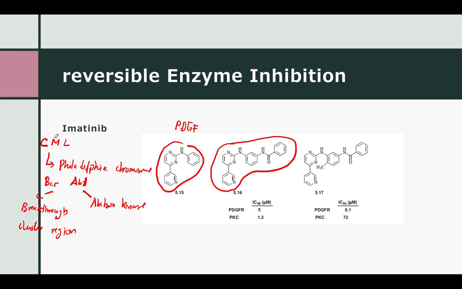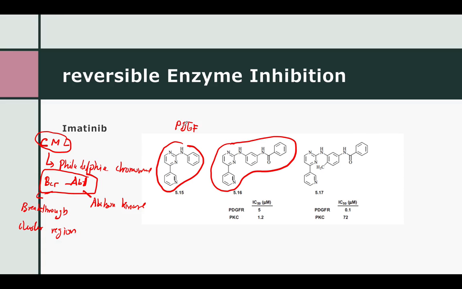So in an attempt to treat chronic myelogenous leukemia, inhibitors of the BCR-ABL kinase started to be developed. So that's what takes us to imatinib. Imatinib was originally being designed as a drug to inhibit platelet-derived growth factors.